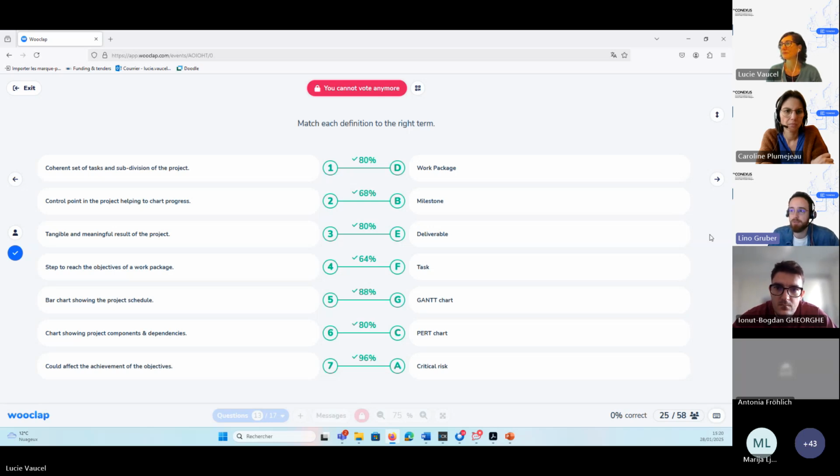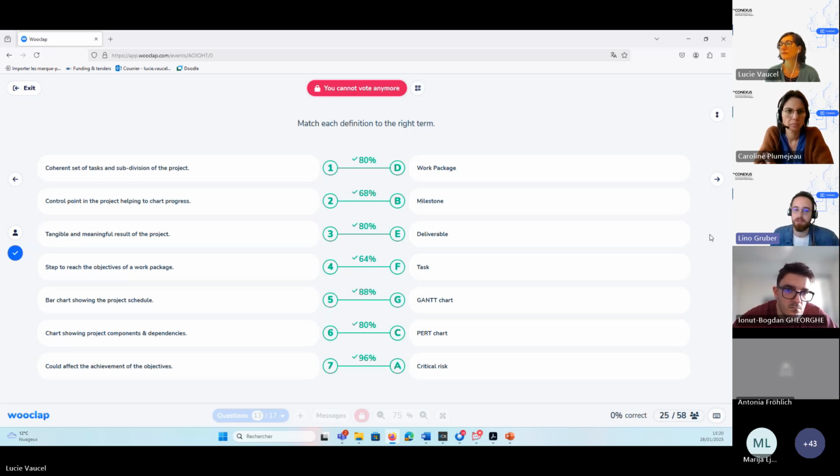Then we've got milestones. Milestones are important stages of the project and control points, if you will. They help to assess the progress that you are making in your project. So for instance, if you've gotten to a point where you are ready to go to the next step, because you've just completed a very important deliverable, this would mean that you have reached a milestone.